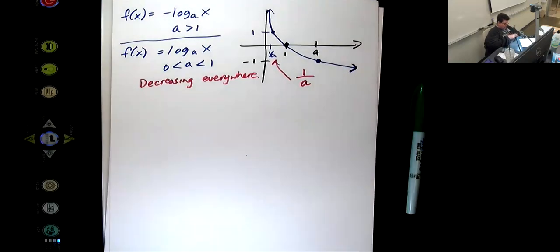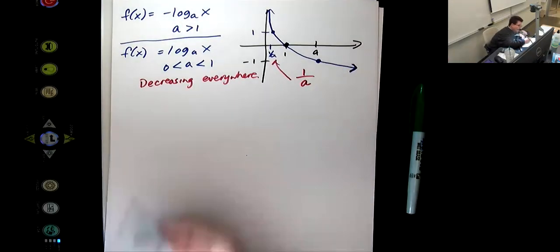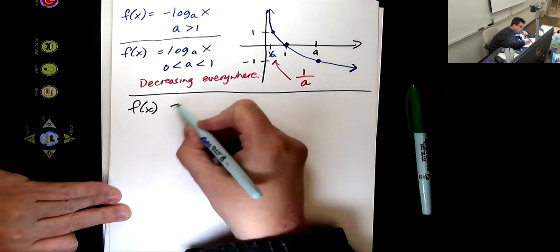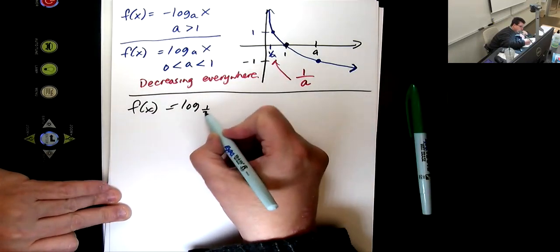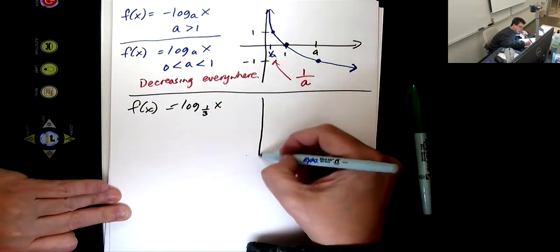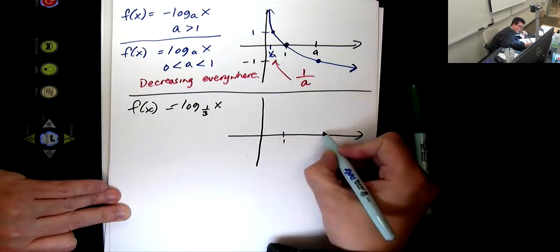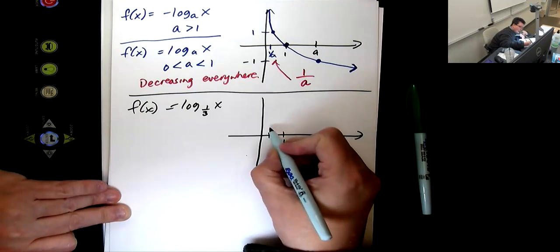So if we have log base 1/3 of x, we're going to have 1, we'll have 3, 1/3.